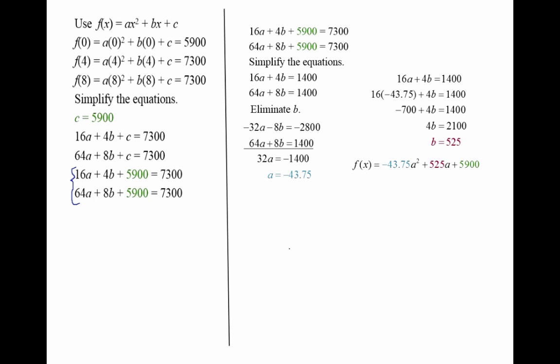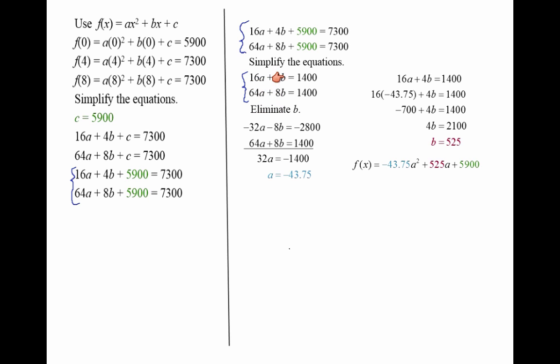I can use the addition method or substitution method to solve the system of equations. I'm going to write this as 16a + 4b. If I subtract 5900 from both equations, I can get it into this form. Now I can solve for a or b.